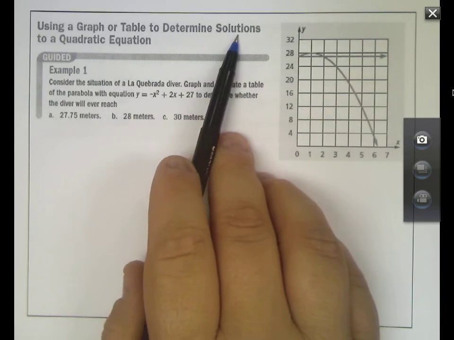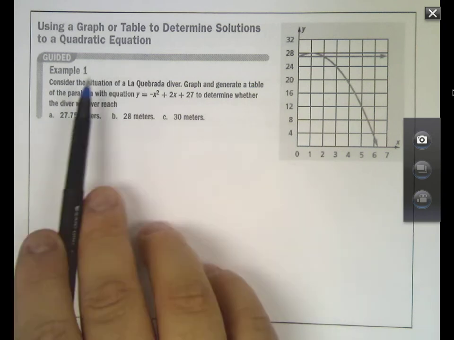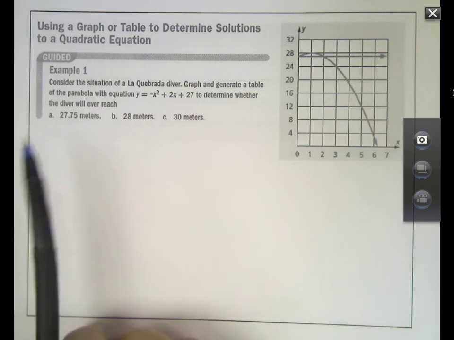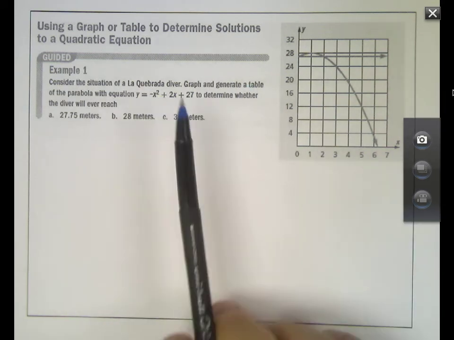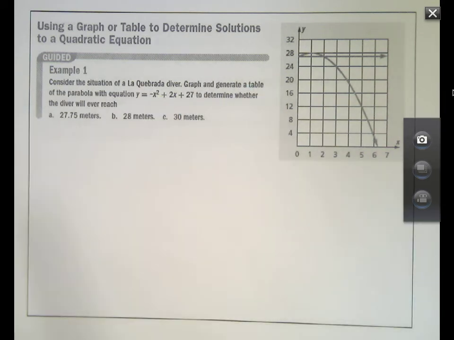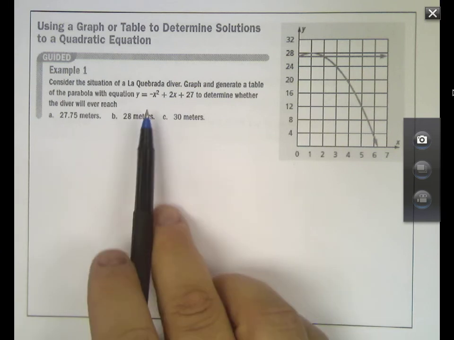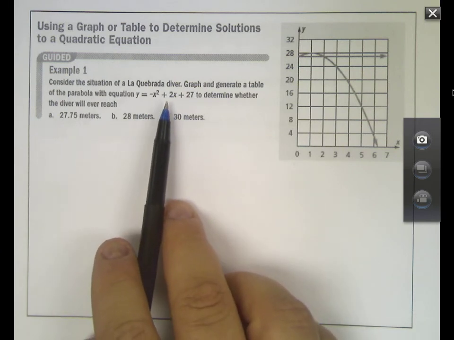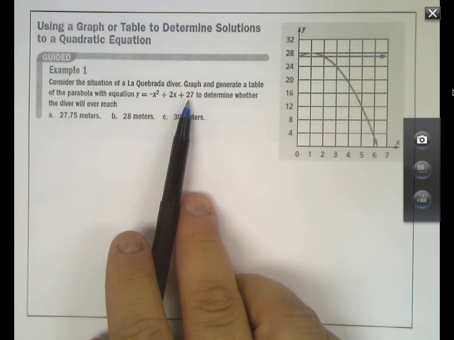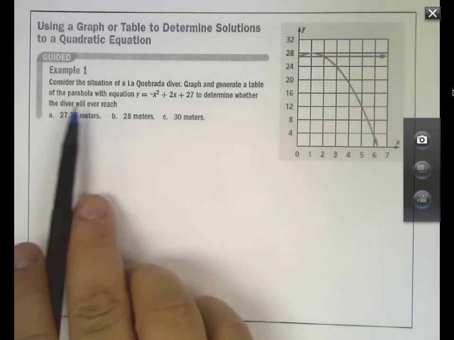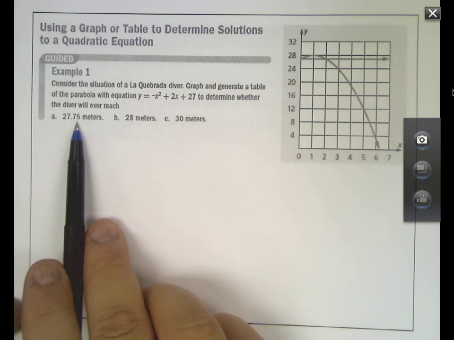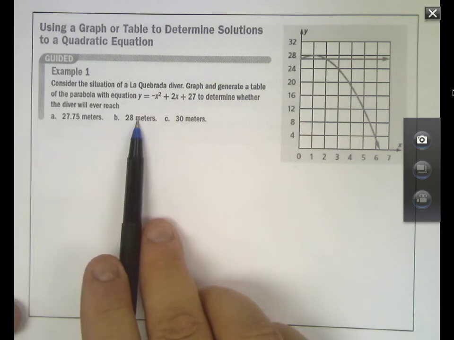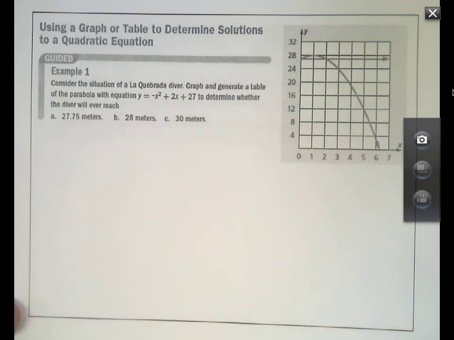Using a graph or table to determine solutions to a quadratic equation. Example 1 says, consider the situation of the LaQuinta diver. Graph and generate a table of the parabola with the equation y equals negative x squared plus 2x plus 27 to determine whether the diver will ever reach 27.75 meters, 28 meters, or 30 meters.